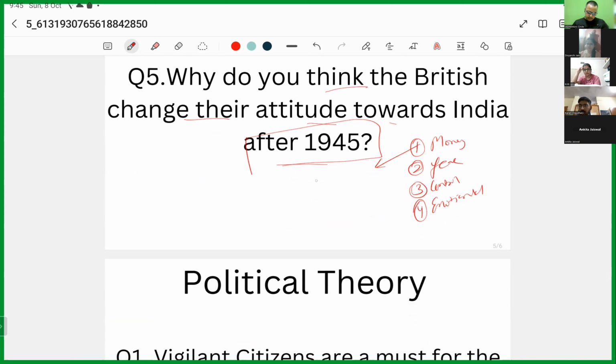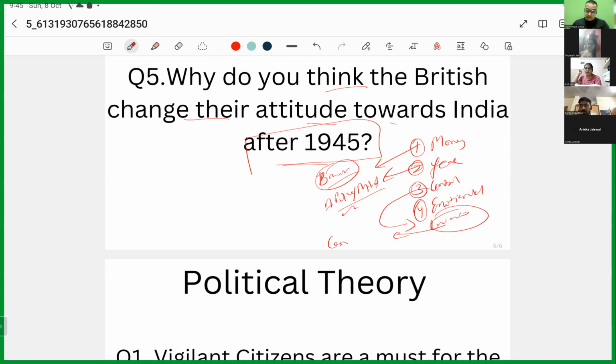Money: Britishers were not able to maintain their kharcha pani in India. Fear: police, military, etc. were, I will say, doing mutinies. Control: laws, acts that they were making.